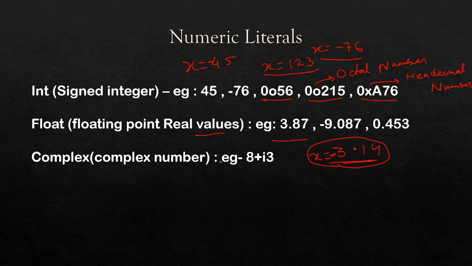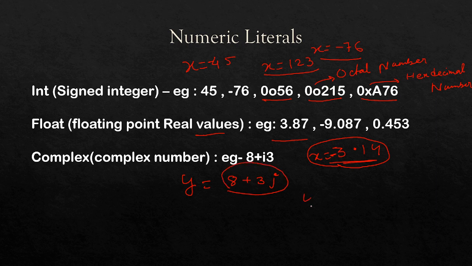Next is complex number. Okay, so in mathematics there is a concept called complex number. So if I write y equals to 8 plus 3j in Python, this is actually a complex number. This defines a complex number.